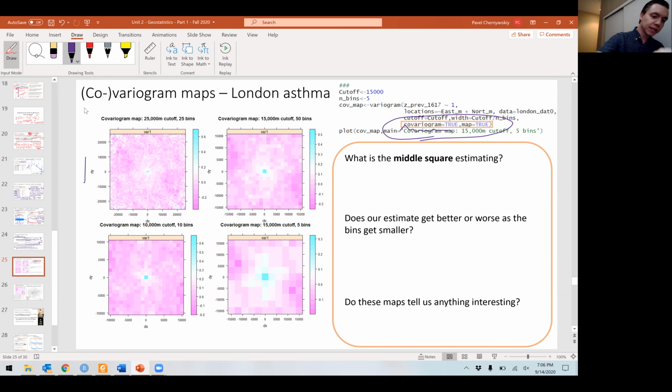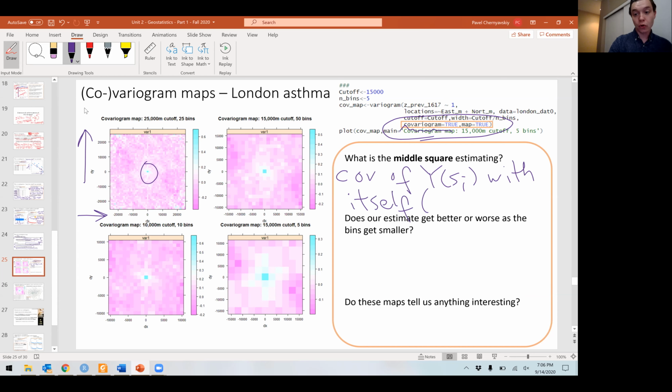And so we have every possible direction, right? In the middle, I have a change of distance in the x direction of 0 and the change of distance in the y direction of 0. So the middle square is estimating the covariance of our observation with itself, which means the sill or the variance, because the distance is equal to 0 or approximately 0.